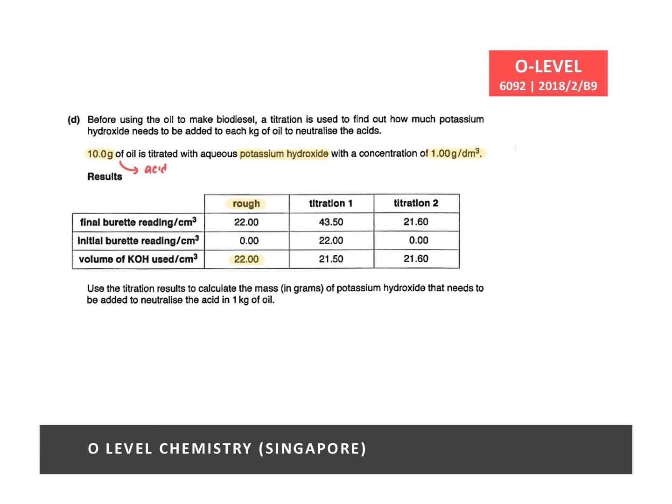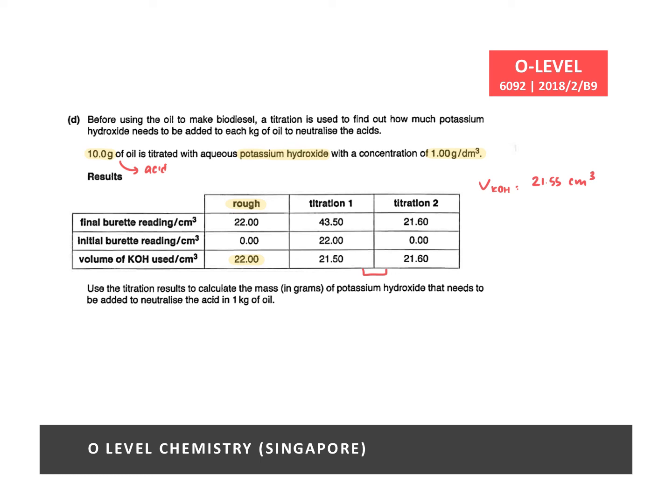Remember, in titrations, we only use the consistent results or your best titration results. In this case, it would be the titer values of titration 1 and 2. So the average volume of potassium hydroxide required to neutralize the acids would be 21.55 centimeter cube.